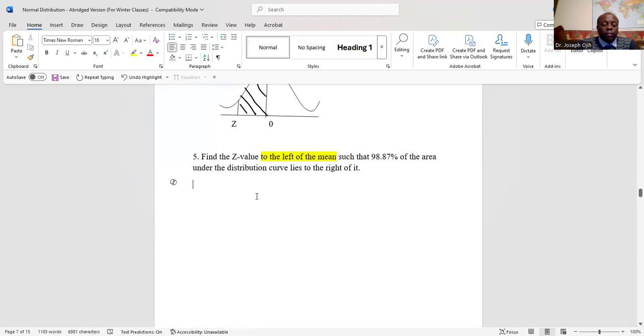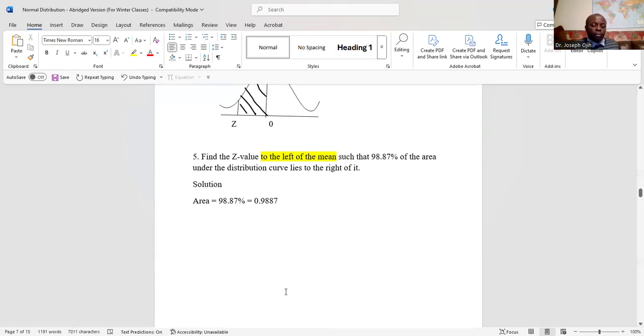So we have our chart first. Okay, the area given this time around equals 98.87%, which is 0.9887.